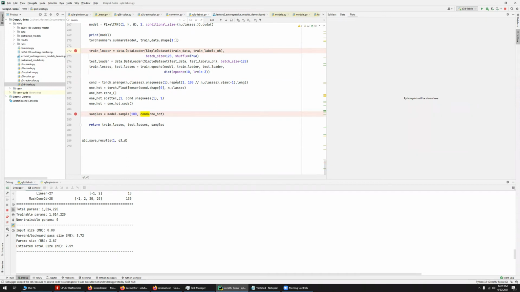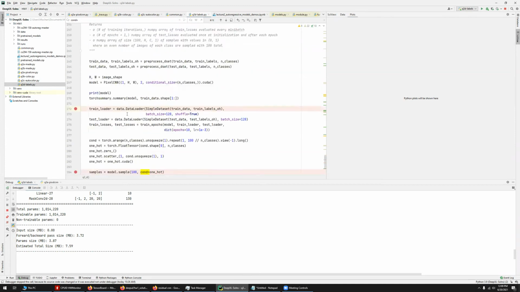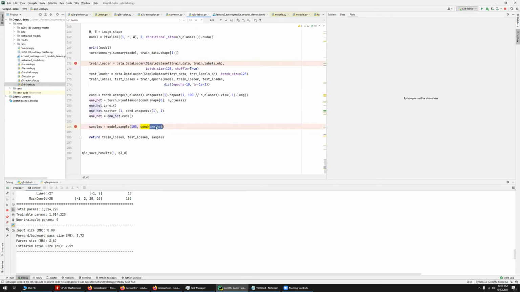Here, what they're doing is making 100 samples, but 25 of each of the classes. So it will show that the one-hot encoding is similar, but there's 100 of them: 25 of a square, 25 of circle, 25 of the others.